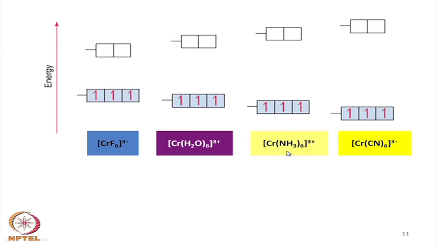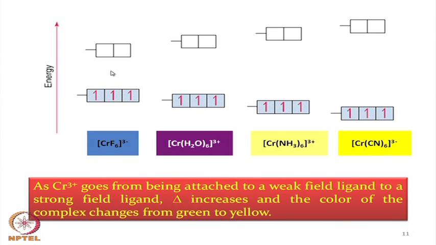But if we put some liquor ammonia or aqueous ammonia into the solution, immediately all 6 water molecules will be substituted by ammonia. So, we get this compound, and ultimately we have the hexacyanochromate species. So, the splitting is changing from left to right. Here we have a small gap, then higher for this compound, more higher for the third, and this is the highest one for the fourth compound.